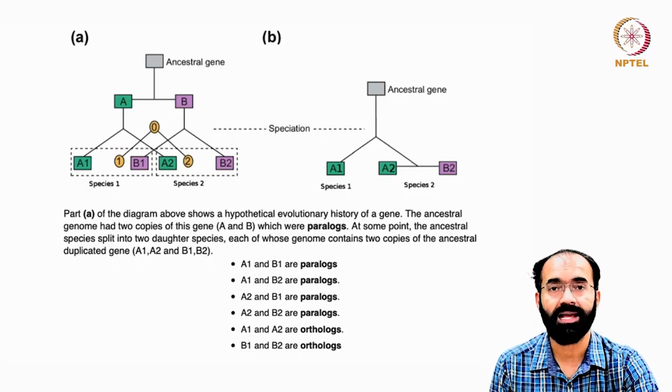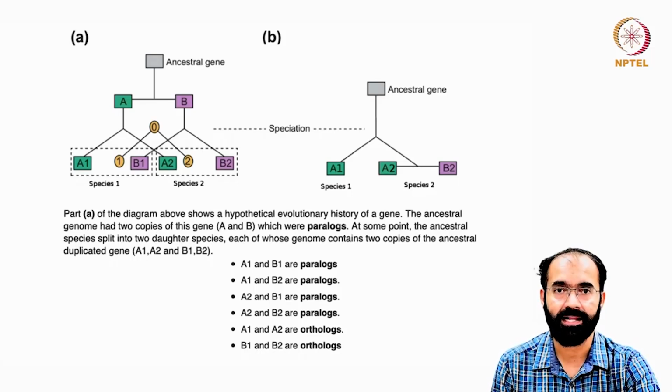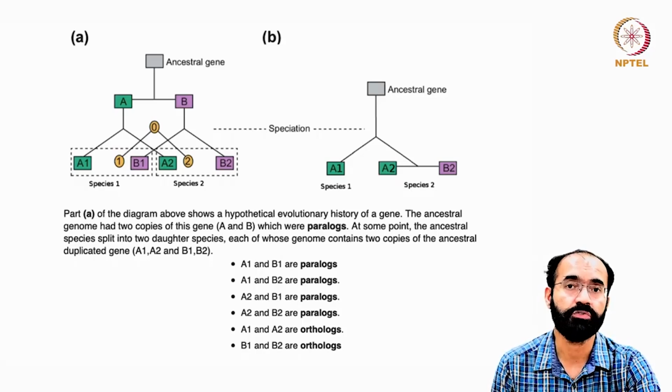While this is happening, one of them has to be the savior of the cell. That means it should be taking care of the actual functioning of that particular gene. Because of this recombination, it should not start losing the function.